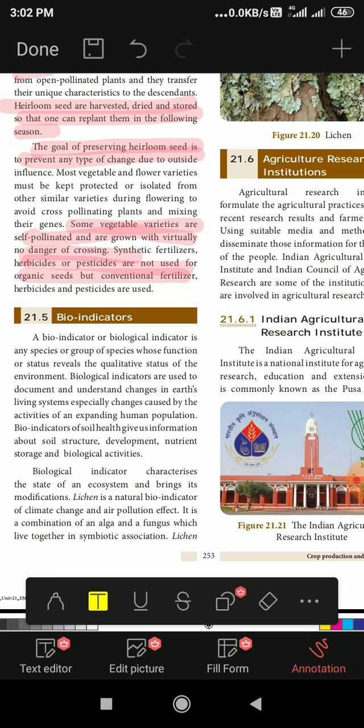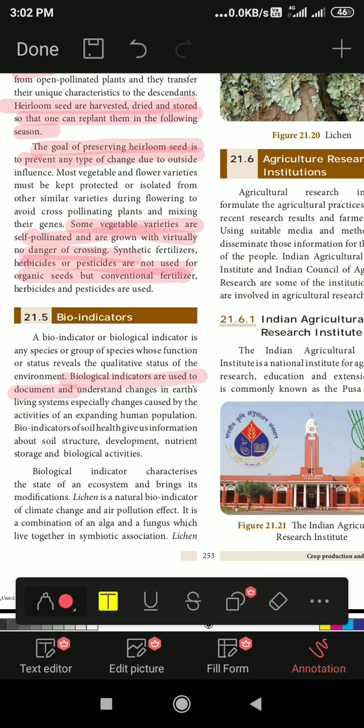These biological indicators are used as in the chemistry labs. They are used to document and understand changes in Earth's living systems, especially changes caused by the activities of the expanding human population.